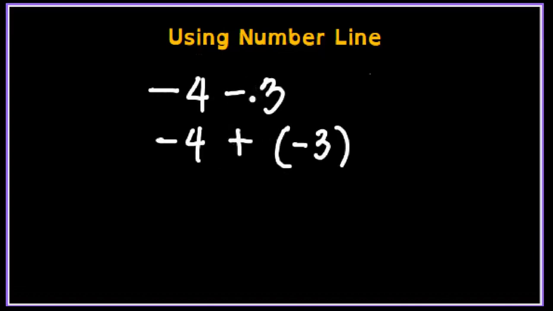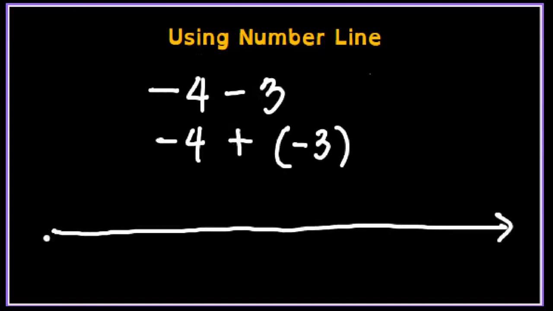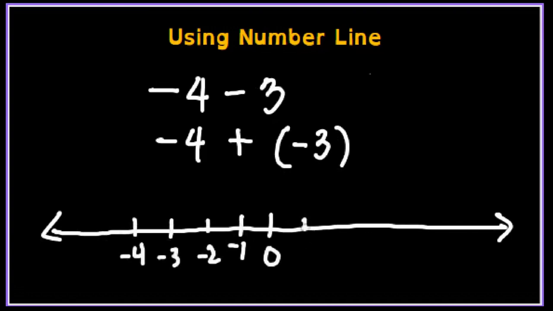Okay. So, let's draw a number line here. In this case, we'll start at 0. So, we have negative 1, negative 2, negative 3, negative 4, and positive 1, positive 2, positive 3.